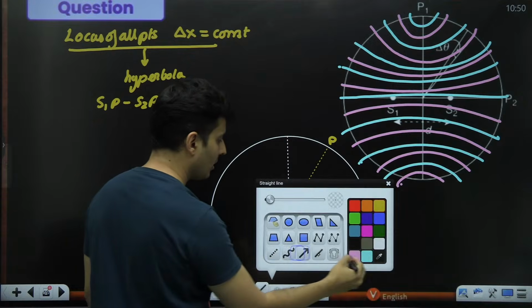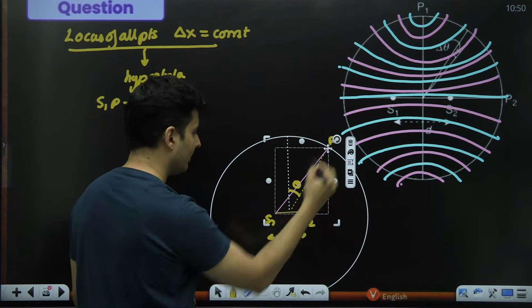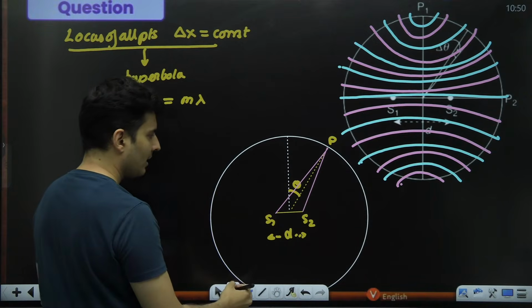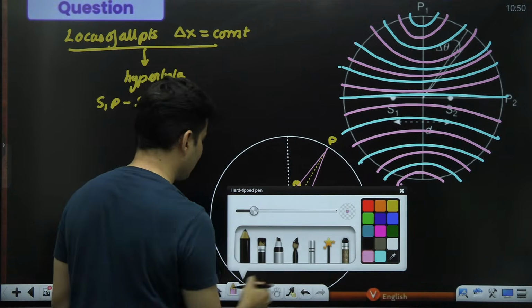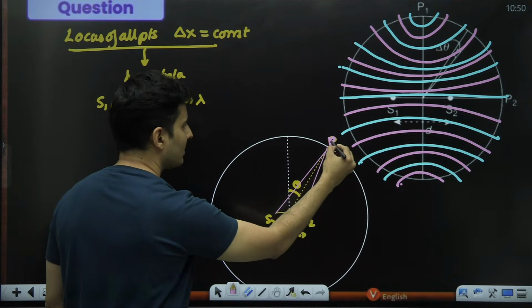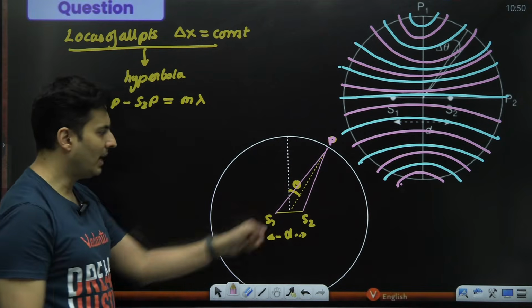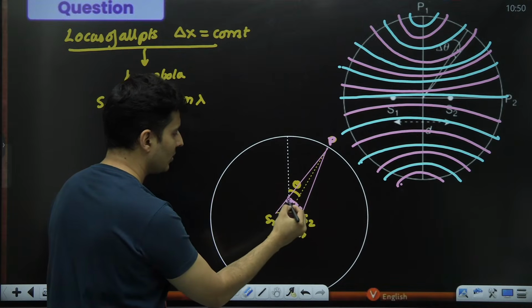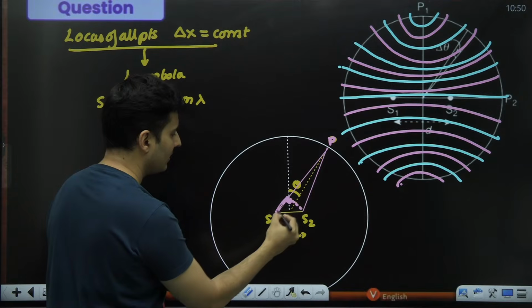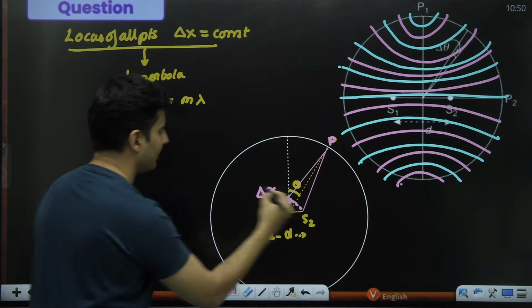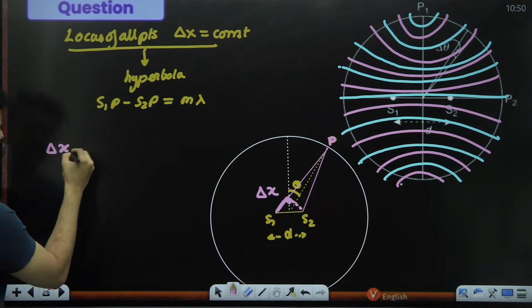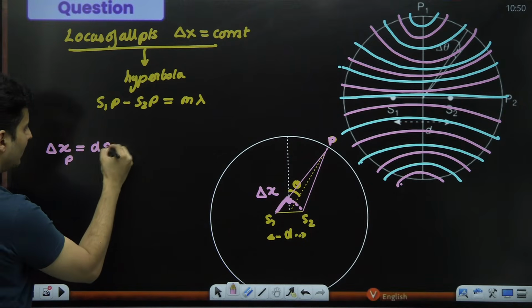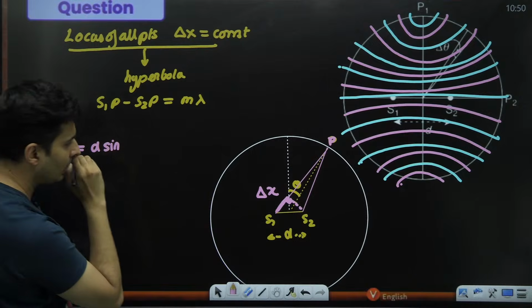And now, if you try to measure what is the path difference for the rays which are coming and meeting over here, well, this is like your Young's double slit experiment. And the path difference will be just obtained by drawing a perpendicular. So this particular length will be your delta x. So our delta x at any point P will be nothing but d sine theta or cos theta.